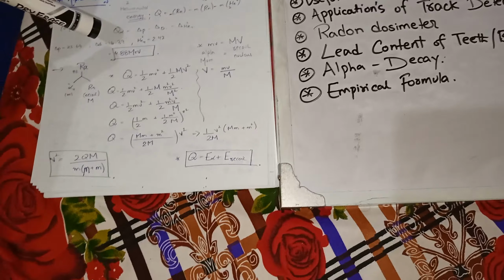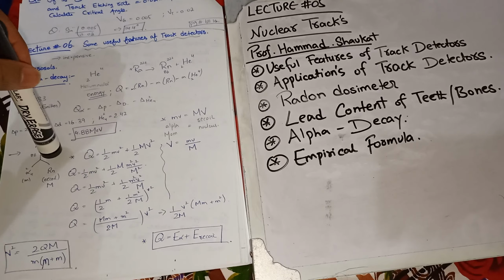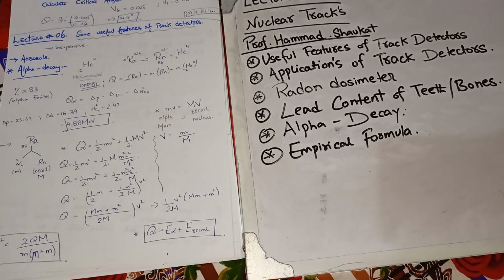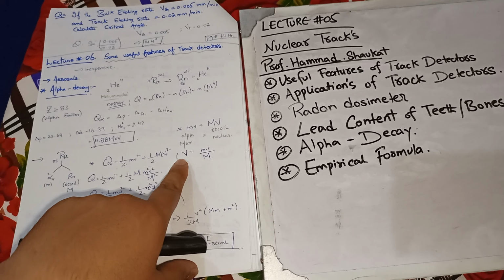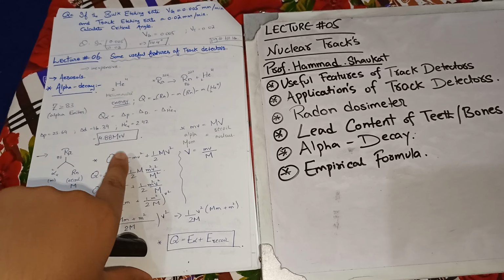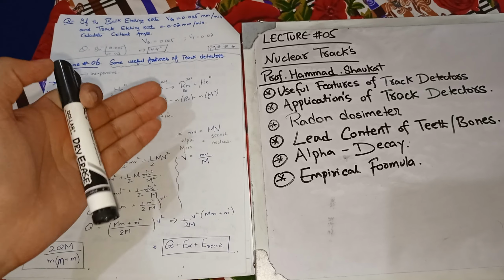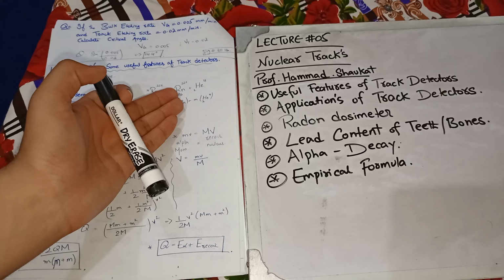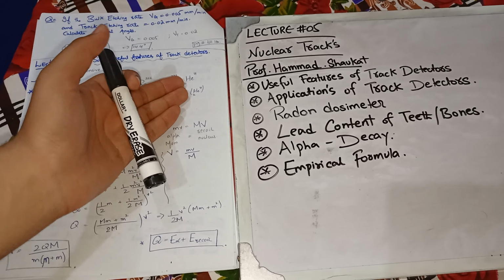So you can see radium is decaying into the alpha particle and radon, which is the recoil nucleus. Your total energy must equal, because it decays into two, radon plus helium, radon has some kinetic energy and helium has some kinetic energy.